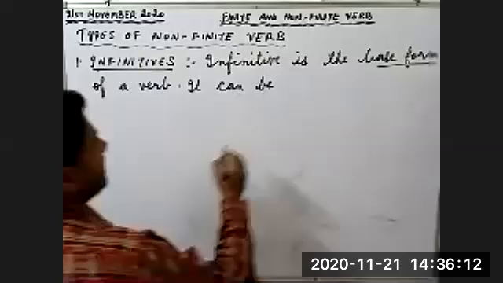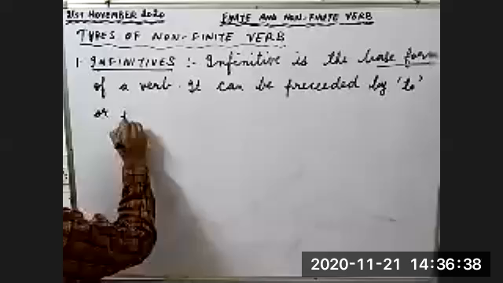One is proceed, one is precede. This word is not proceed. Proceed means followed by. This word is precede. Precede means comes before. So the base form of the verb can precede. It can be preceded by to or without to.